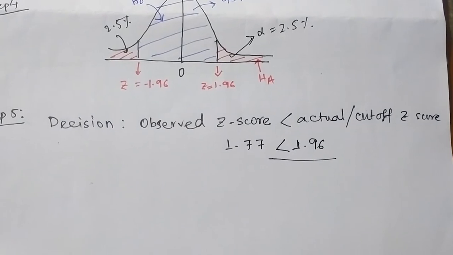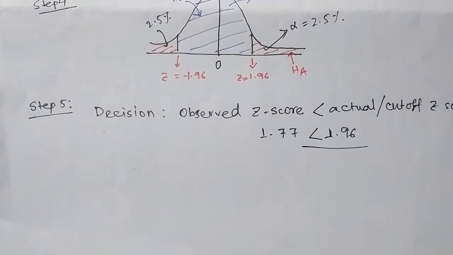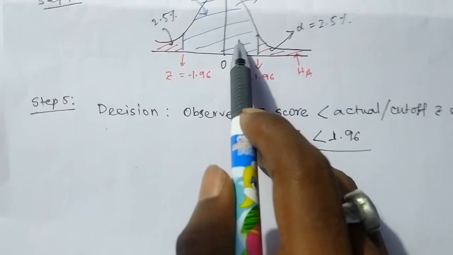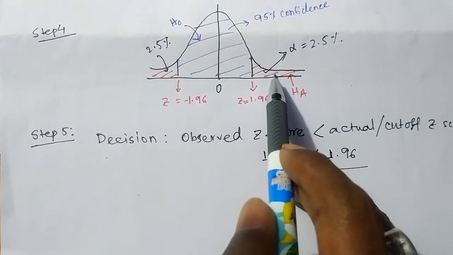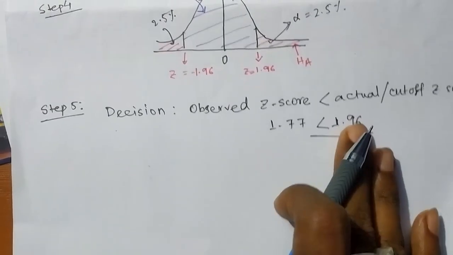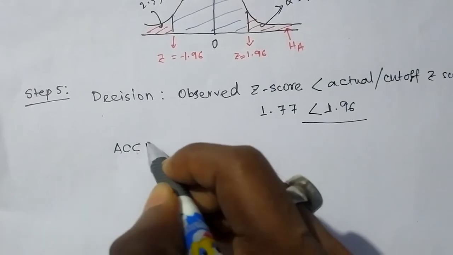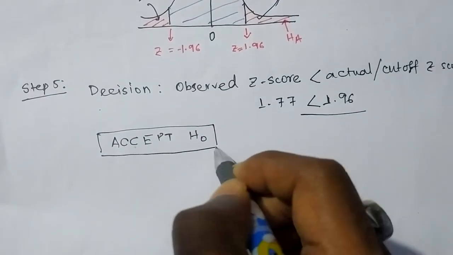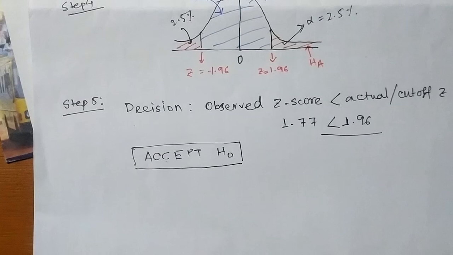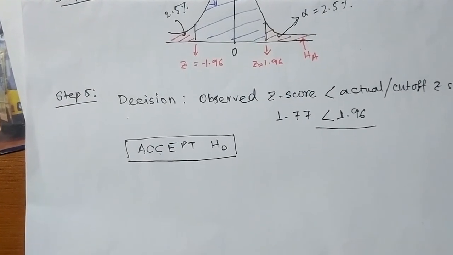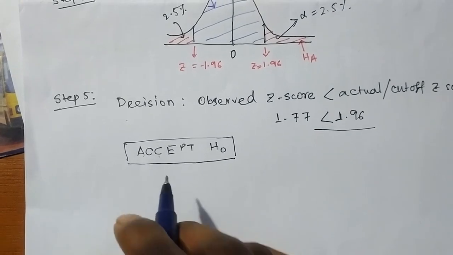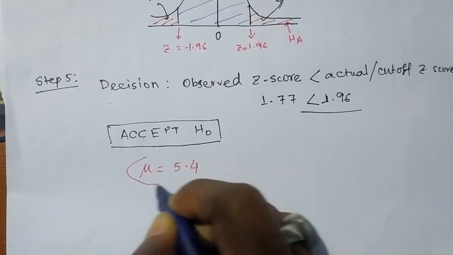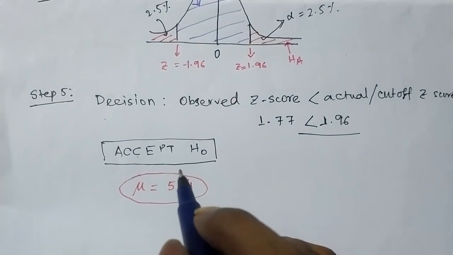So we have to accept the null hypothesis, because 1.77 is in this region, not in this region. So my decision is that I accept H0. My conclusion from this example is that mu is equal to 5.4, that the population mean is equal to 5.4.